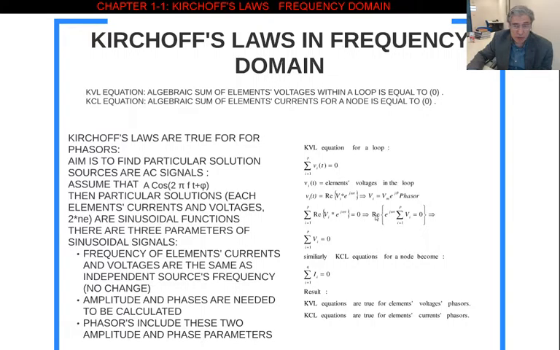If we take the real part, which is common for all the summed terms, outside, you end up with this. You can also take e to the power j omega t, which is common in all those terms, out, and you end up with this. This tells us that Kirchhoff voltage law equations are true for the element voltage phasors, because the Vi's are the voltage phasors.